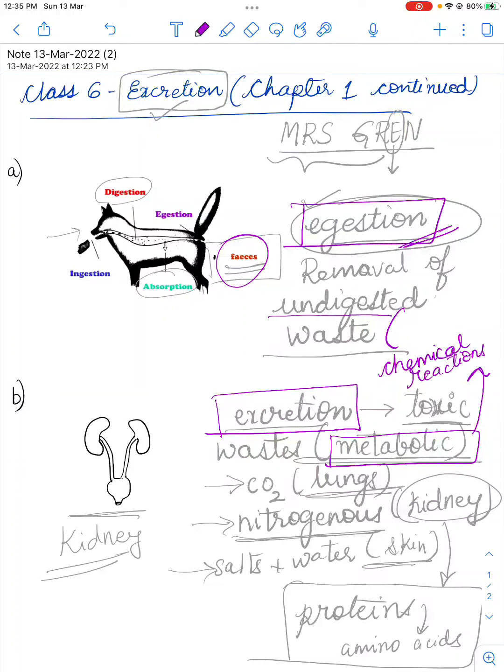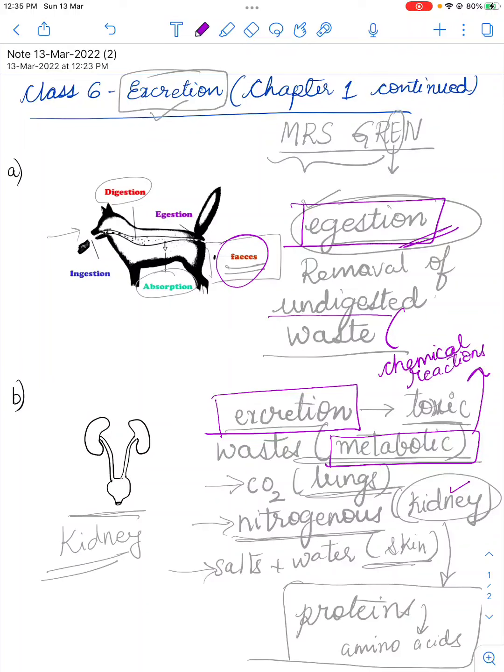So, metabolic reactions are the chemical reactions which occur in our body. As a result of these reactions, some of the byproducts that are formed are toxic in nature and have to be thrown out of the body. This is done by different organs or organ systems in our body, such as the kidneys, which throw off the nitrogenous waste.